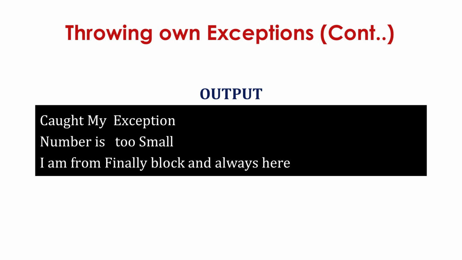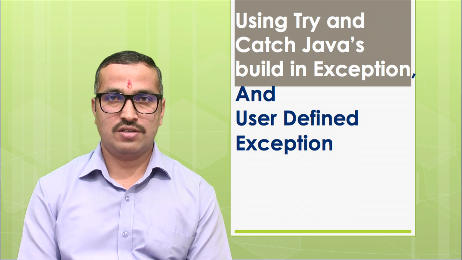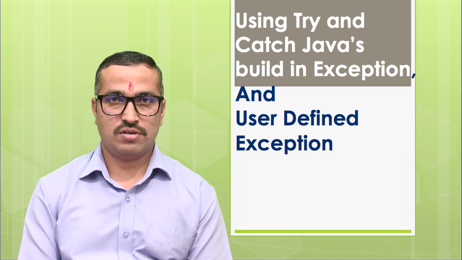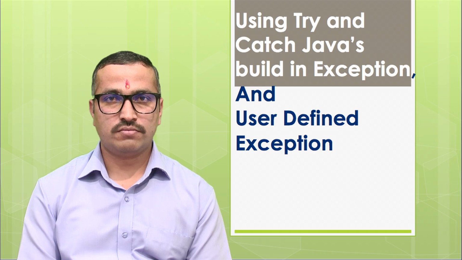And the last line, the third line in the output, is I am from finally block. Just for your reference, this is how to use try, catch and finally blocks with your own user-defined functions. I think that example is useful for you all.